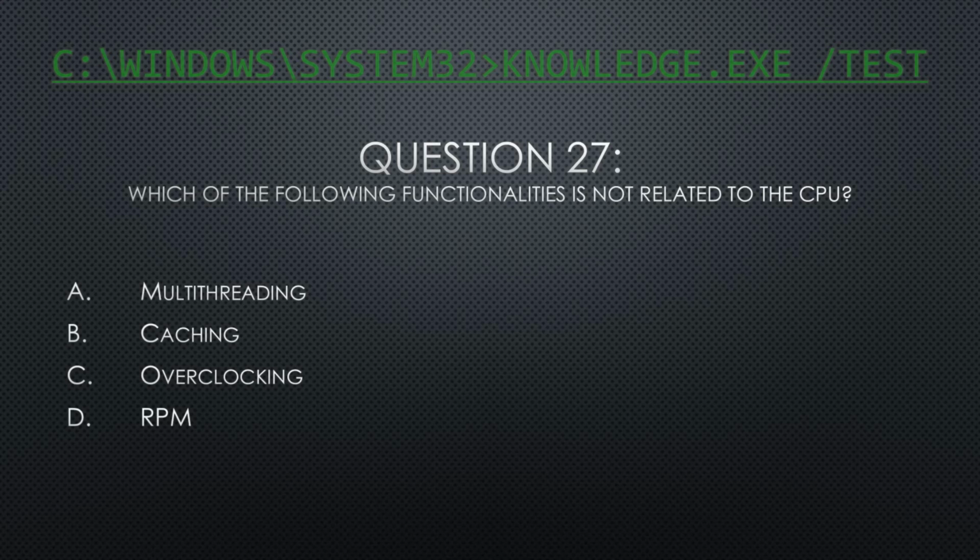Which of the following functionalities is not related to the CPU? A. Multi-threading. B. Caching. C. Overclocking. And D. RPM. The answer is RPM, or revolutions per minute, which is associated with disk drives and cooling fans, not with CPUs.